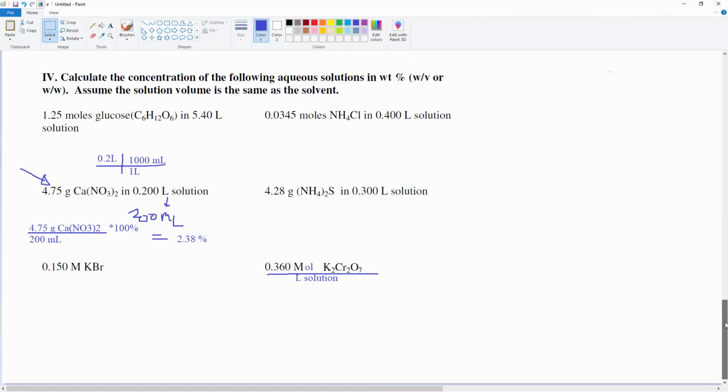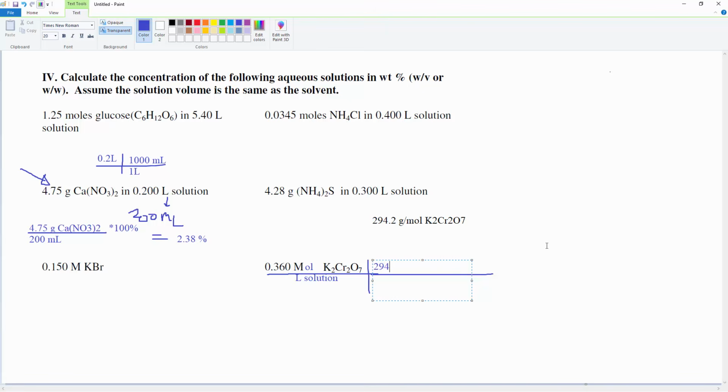I'm going to drag it down. So I'm going to convert to grams, make my life easier. 294.2 grams K2Cr2O7 for every 1 mole K2Cr2O7.